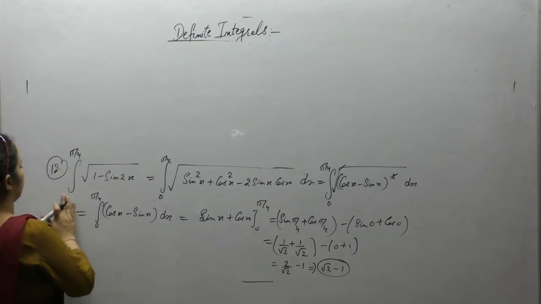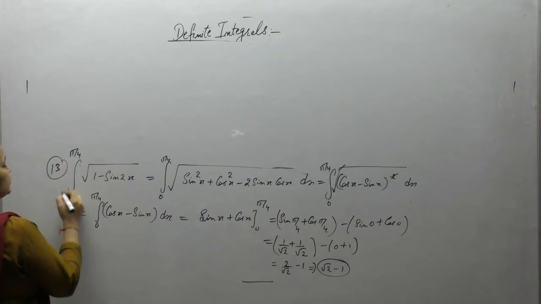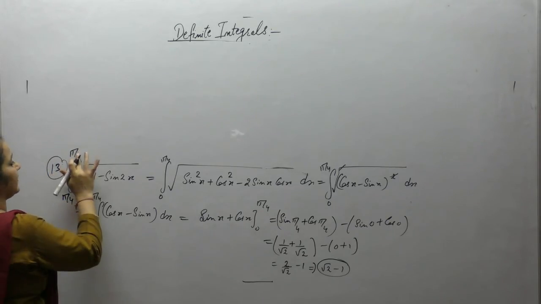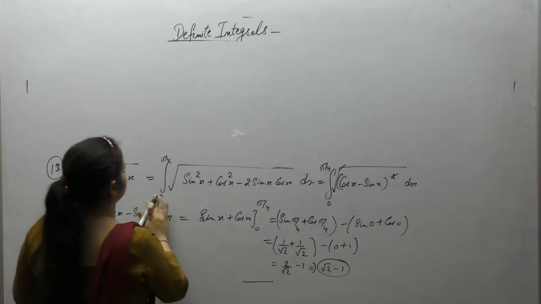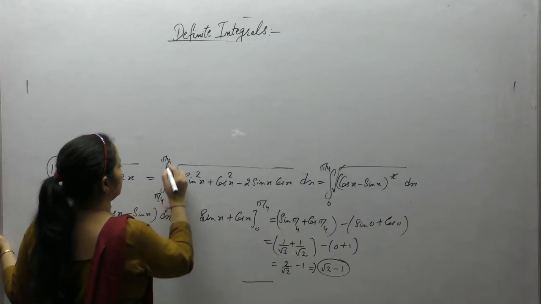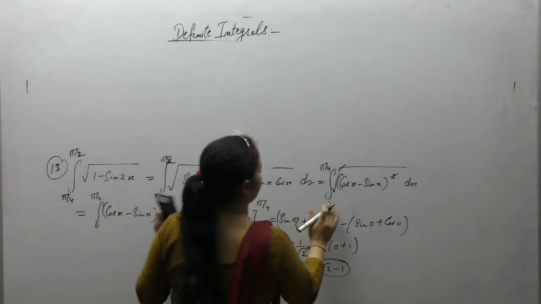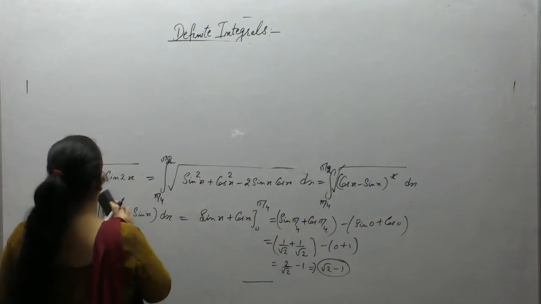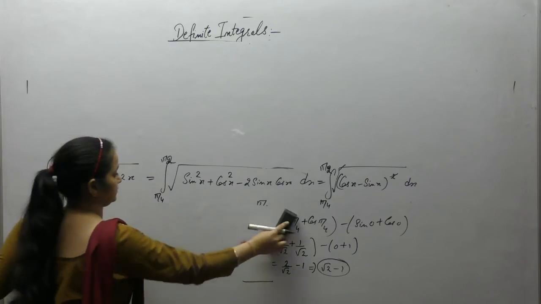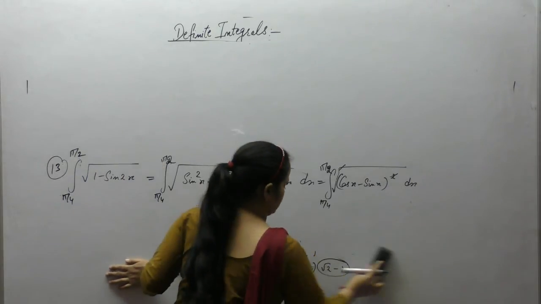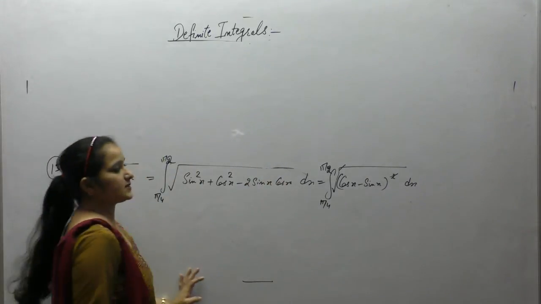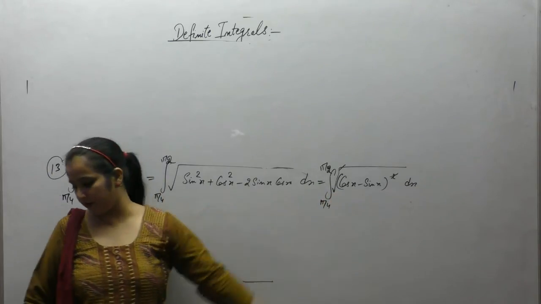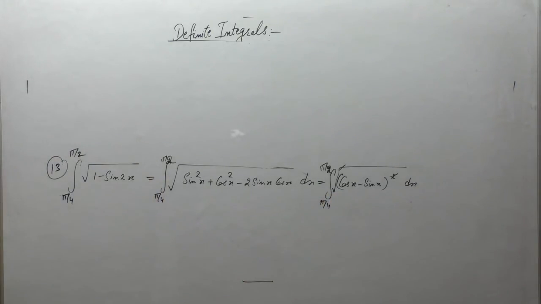Now the same question but the limit changed to π/4 to π/2. When the limit is π/4 to π/2, the square root of x² is the modulus of x.